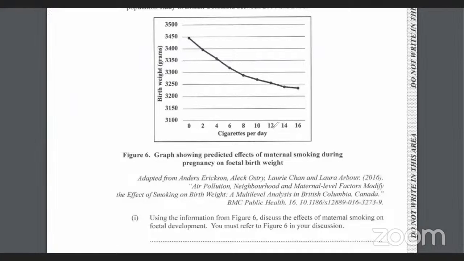So once you look at the trend, you realize that the more cigarettes that are smoked each day, the birth weight is decreasing. So clearly, smoking is not good for birth weight because the quantity of cigarettes smoked is inversely proportional.